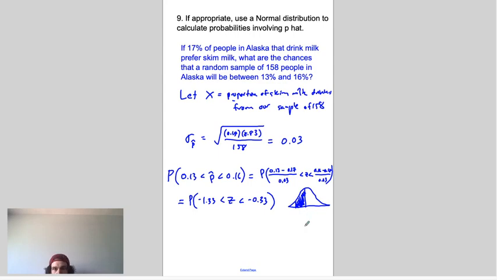In order to do that, we find the probability to the left of this, and then subtract that tiny probability to the left there. So we do the probability that z is less than negative 0.33 minus the probability that z is less than negative 1.33.